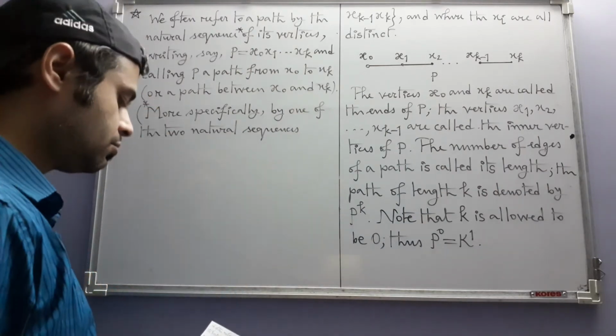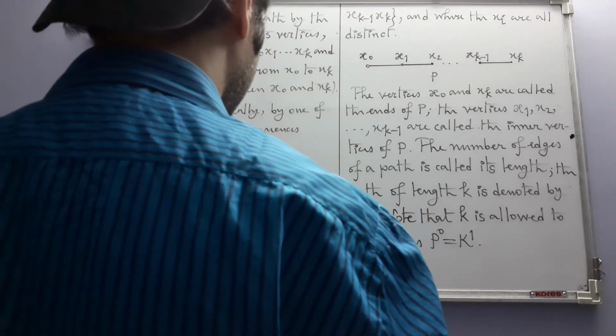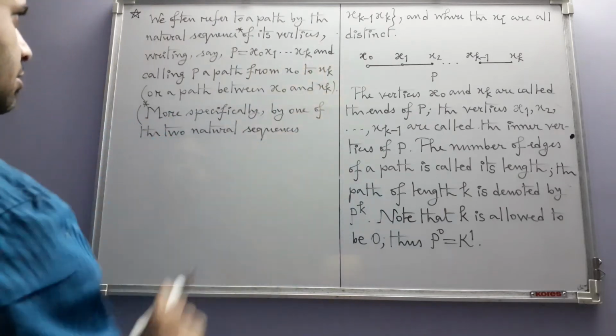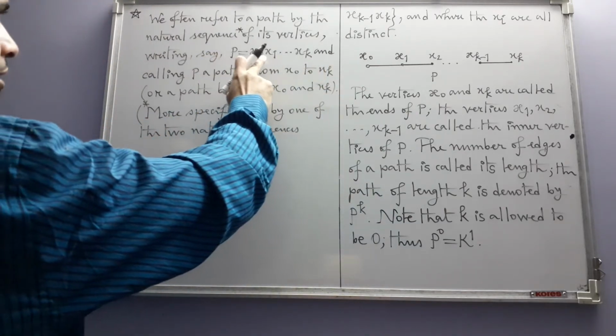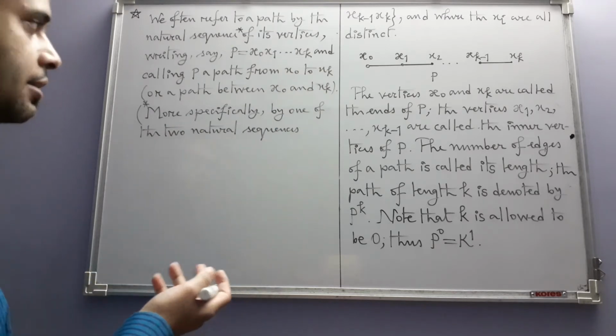So we have to choose one of them, stick with it, and then we can use this. So instead of writing like this, we can start with xk also and end with x0.